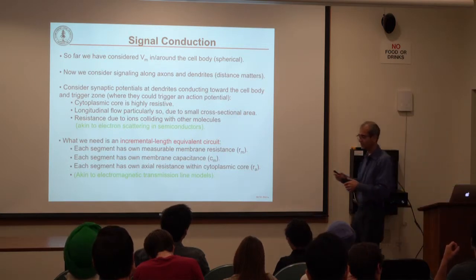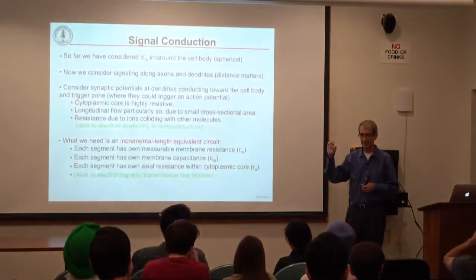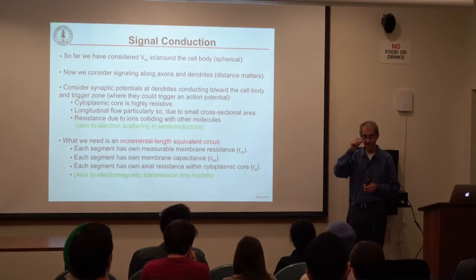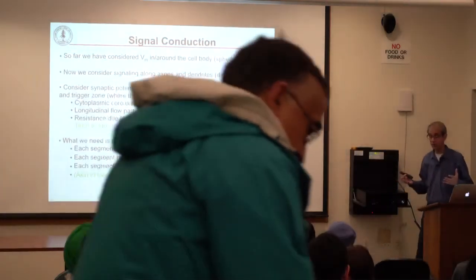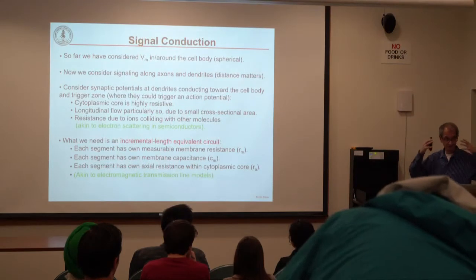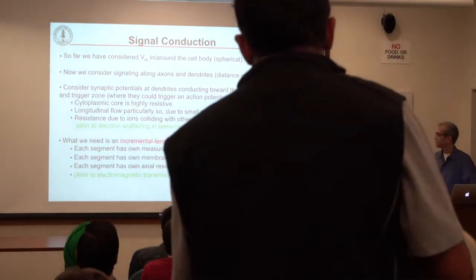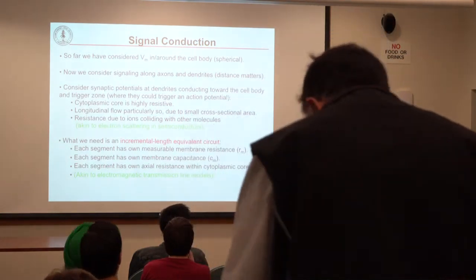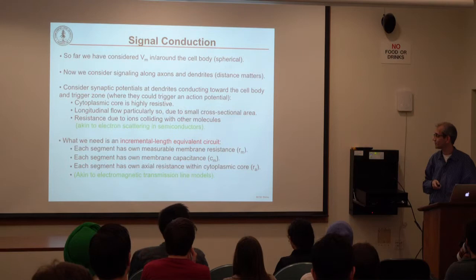This dendrite coming into the cell is very tiny, and it has to be very tiny because you need to pack a lot of neurons in per unit volume, or your brain inside your head and so forth. The resistance due to ions colliding in that narrow tube is really what gives rise to that resistance.